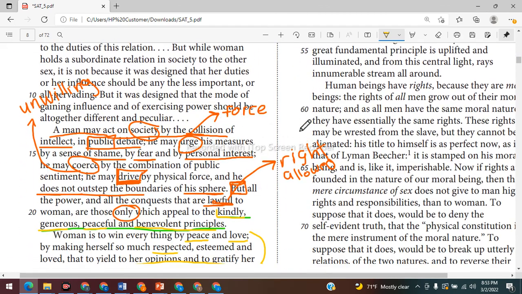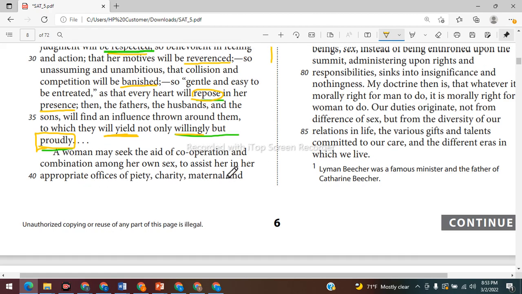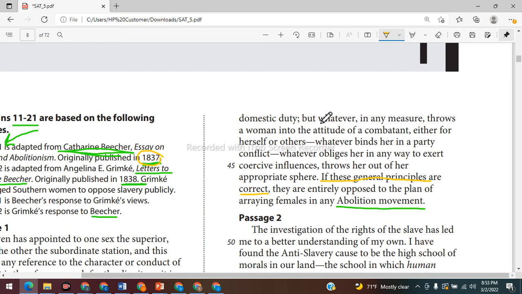And I missed a very important part, because let me just explain this part instead of going to paragraph 2. He said a woman may seek the aid of cooperation and combination among her own sex to assist her in her appropriate offices of piety, charity, and maternal domestic duty. But listen to this. But whatever in any measure throws a woman into the attitude of a what? Of a combatant.